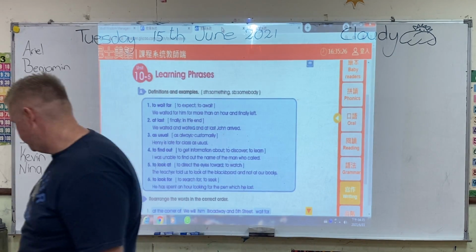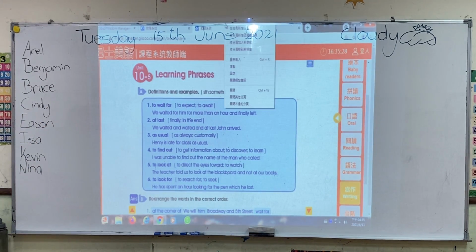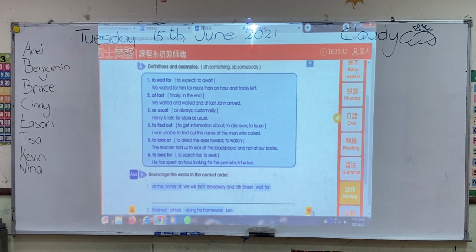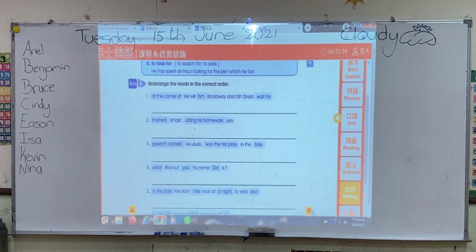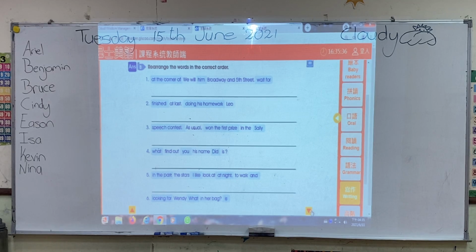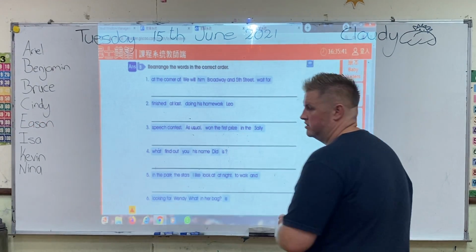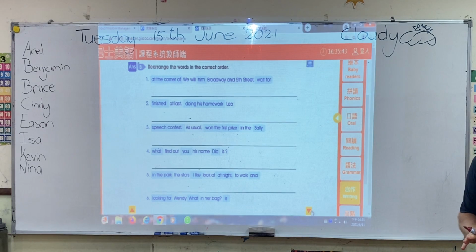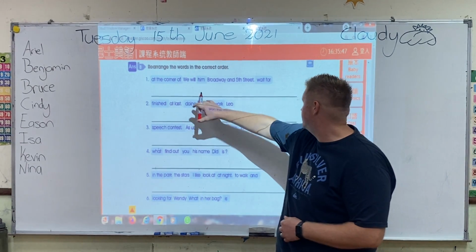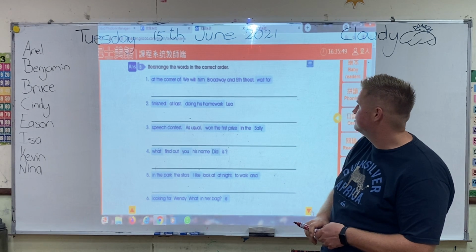Let's look at part B. Arrange the words in the correct order. We have to write the sentence out in the right order.